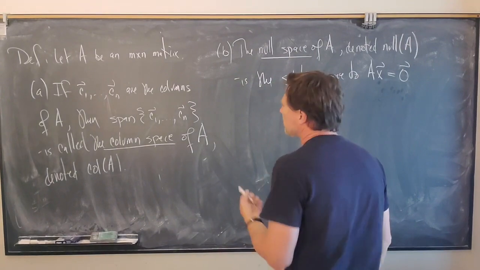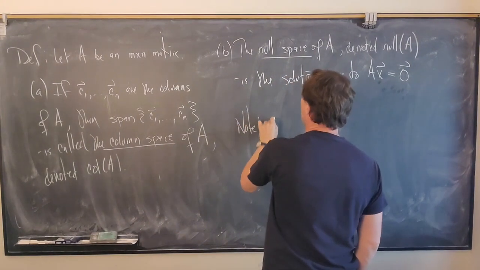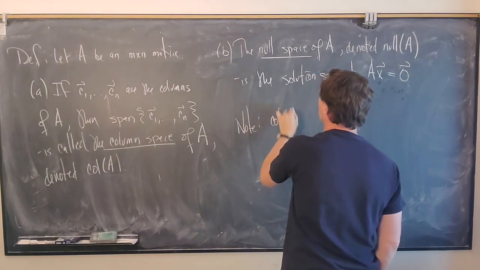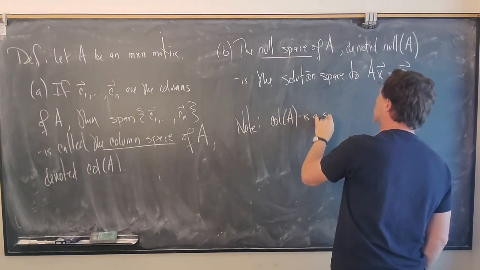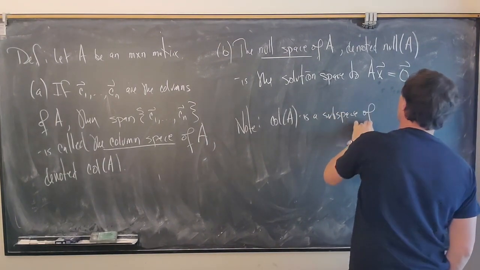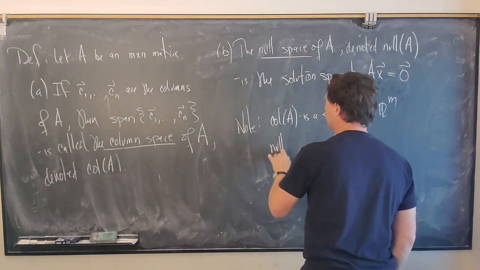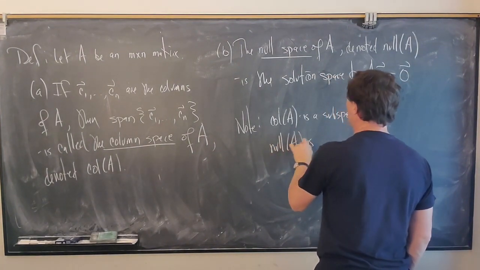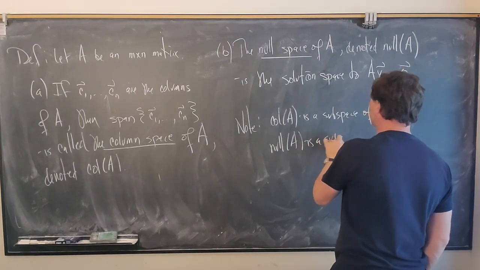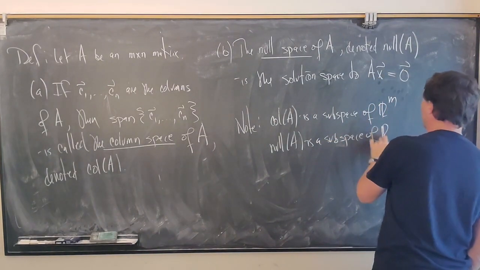Let's just note col A is a subspace of Rm, and null A is a subspace of Rn.